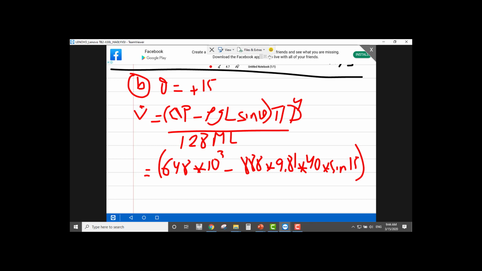Close the brackets, and this is multiplied by pi and the diameter, which as we said earlier is 0.05 over 4.